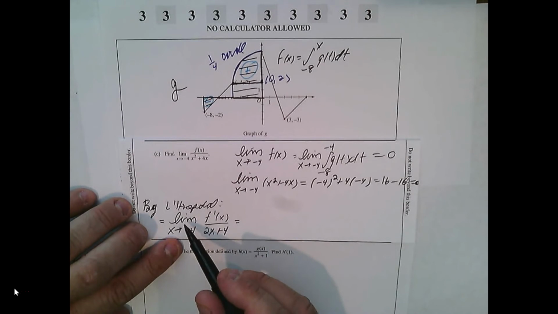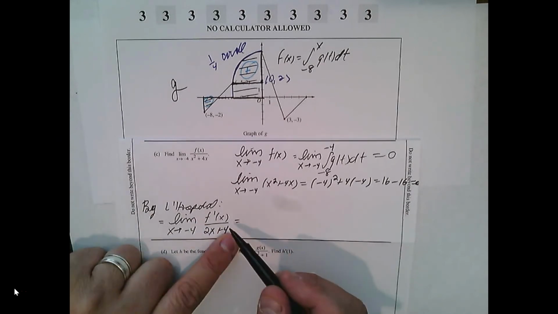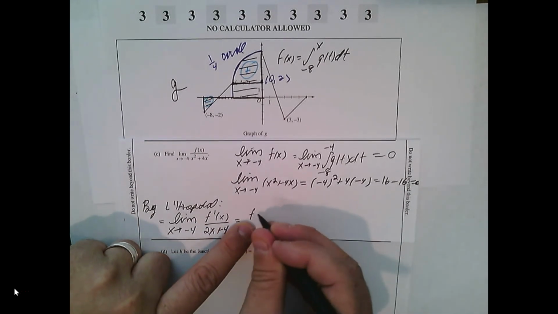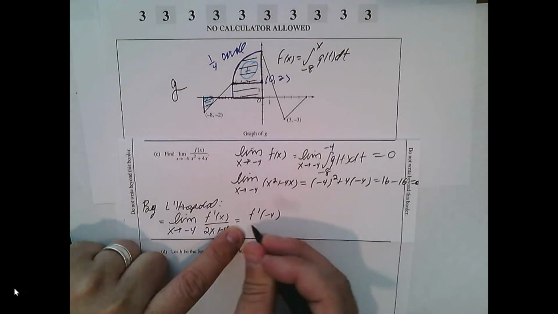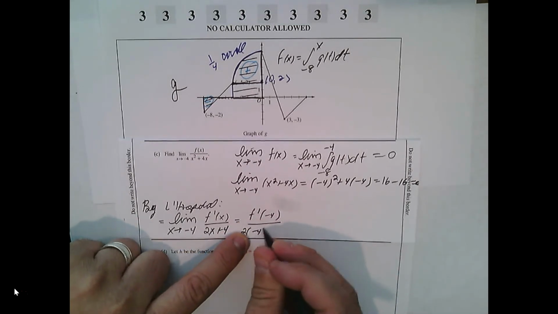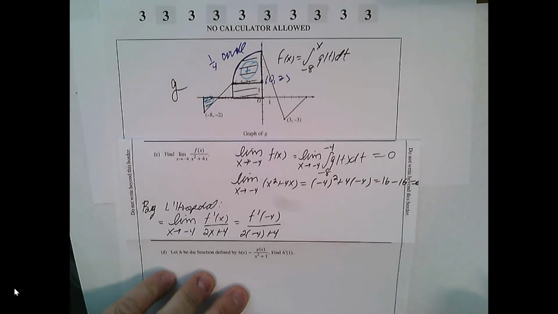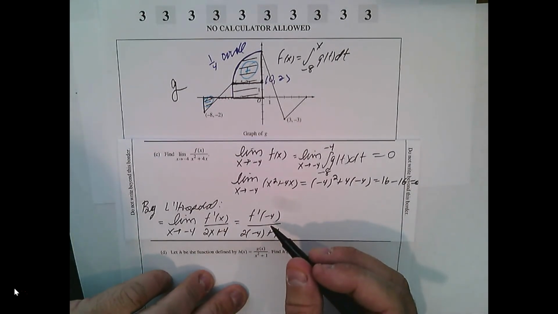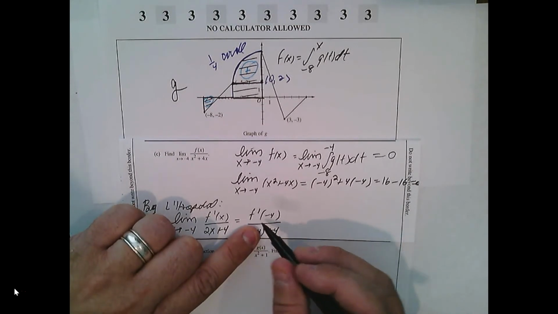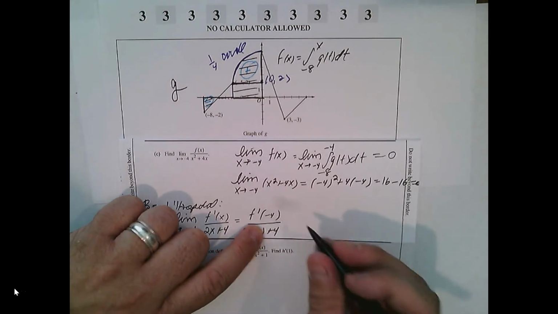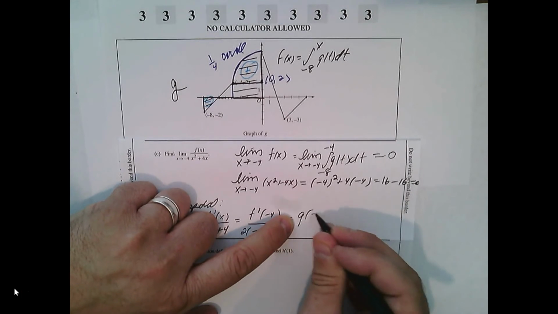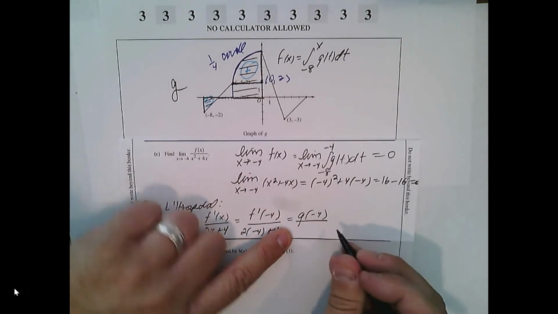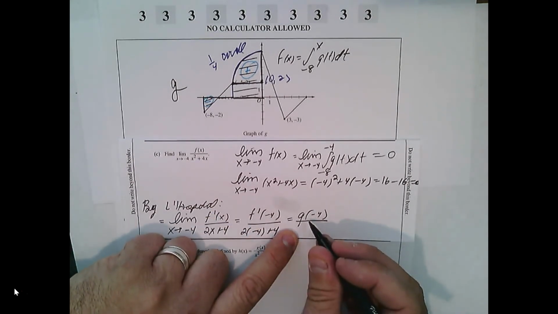Well, what is the limit as x approaches negative 4 of all this? That's going to be f prime of negative 4 divided by 2 times negative 4 plus 4. Well, what's f prime of negative 4? Oh, wait, remember? f prime and g are the same thing. So f prime of negative 4 is the same as g of negative 4.